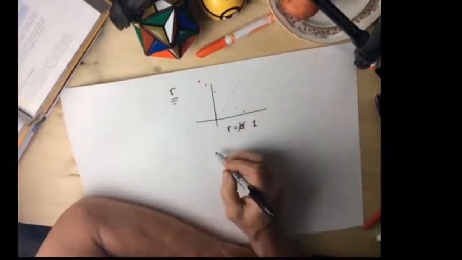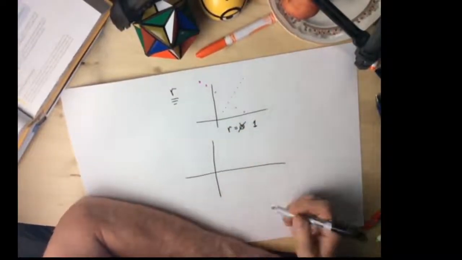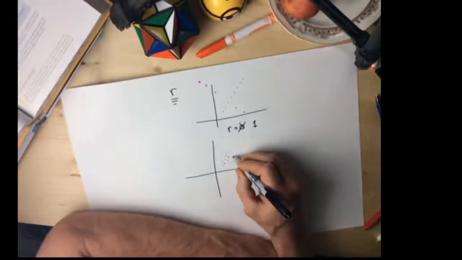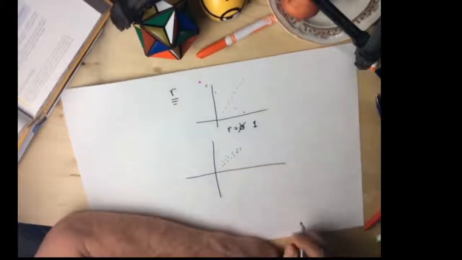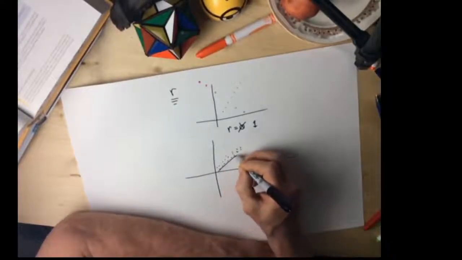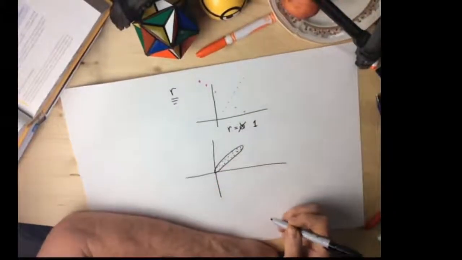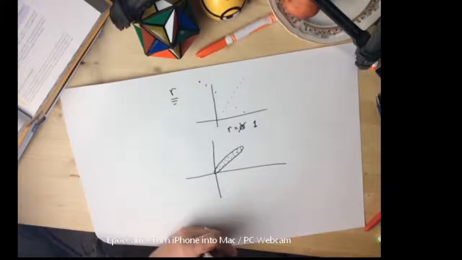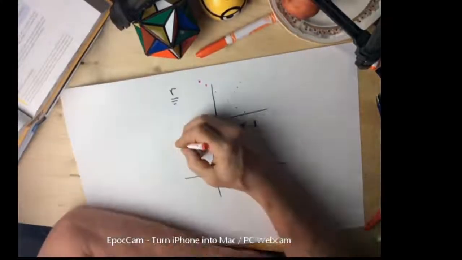Now, the next picture I'm going to draw is a slightly weaker value for r. So here's a bunch of dots, and it looks fairly pencil-shaped. And I'm going to draw one that uses a negative association.